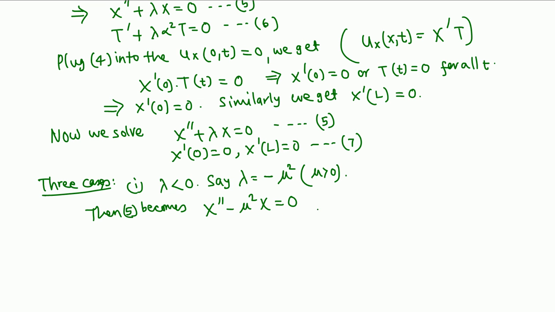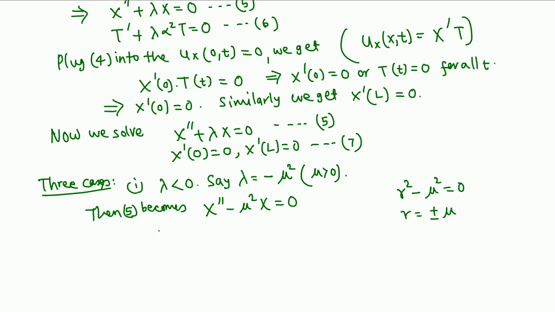Now we know how to solve this. We find the characteristic equation, that's r square minus mu square equals 0. So r equals plus or minus mu.